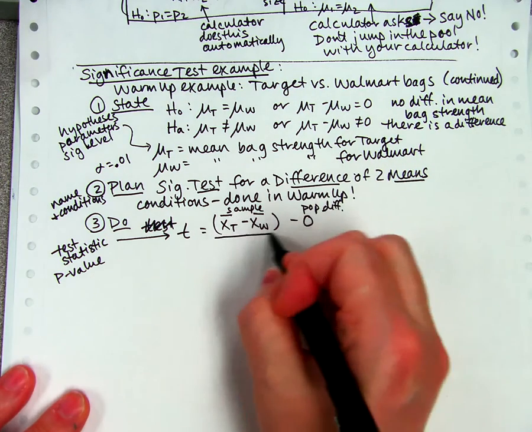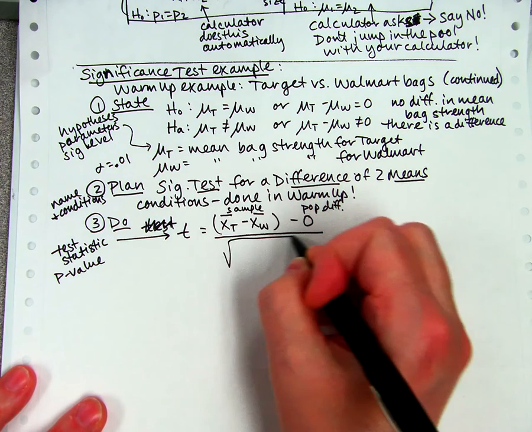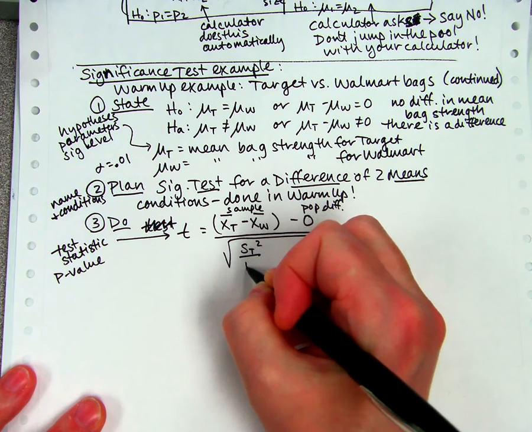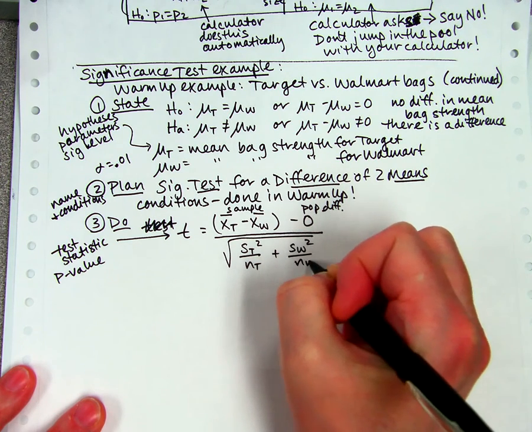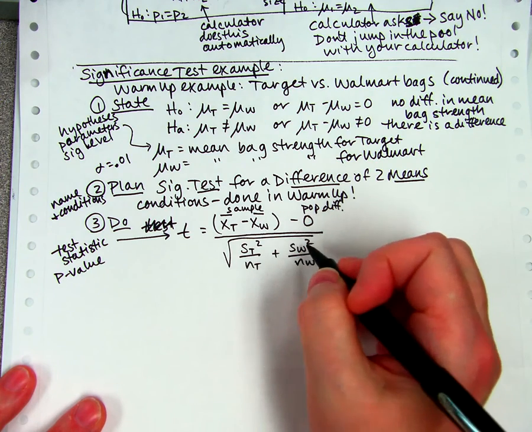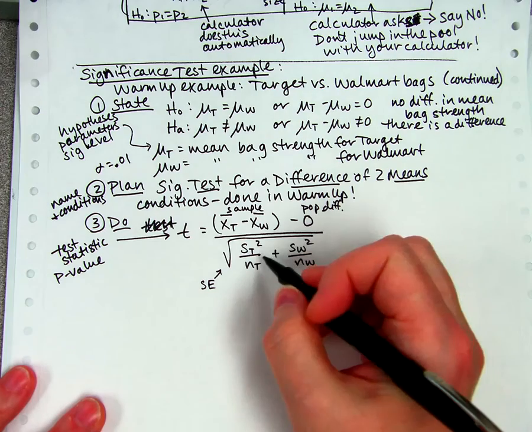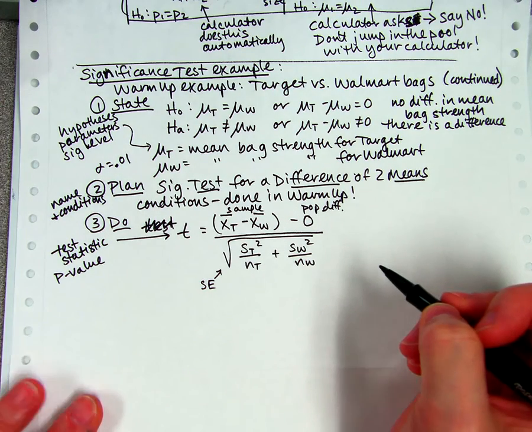Then I'm going to divide by the standard error, which is that square root thing with st squared over nt and sw squared over nw. Notice these are not sigmas because we don't know what sigma is. This piece right here is called the standard error. And there's no square roots in here anywhere because we had square roots and they squared and canceled out.